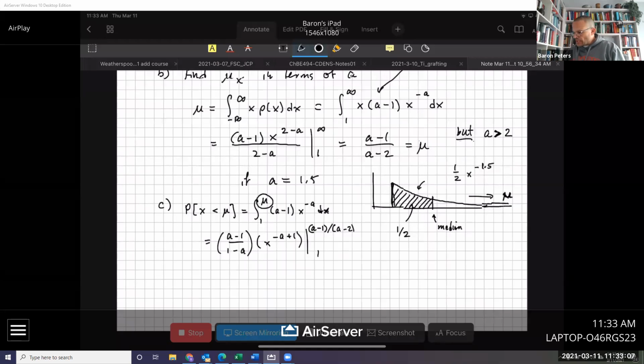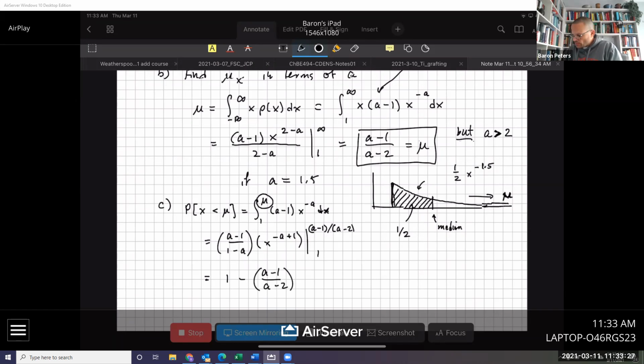By the way, this was the answer to part B on the PrairieLearn. I make sure that I remember to tell you guys what to do to get your points. Okay, so this expression can now be simplified. It comes down to 1 minus a minus 1 over a minus 2, and this is raised to the power minus a minus 1. Okay, so again, we have some issues here.